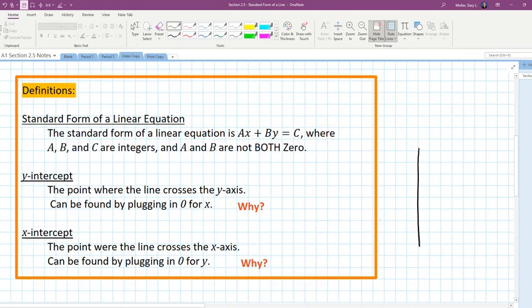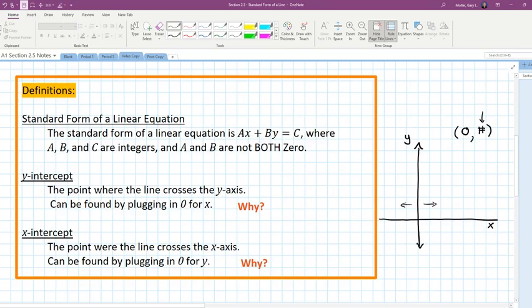If this is my x-axis and this is my y-axis, and I'm going to graph a point, so plugging in 0 for x. In other words, I'm saying let's find the point on our line where x is 0, and then we'll calculate whatever y is. It doesn't even matter what y value you find. The fact that you made x equal 0 means I'm not moving to the left or to the right to graph this point.